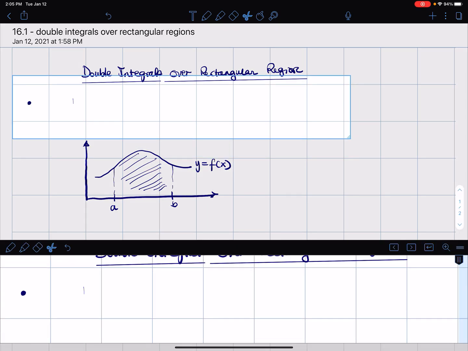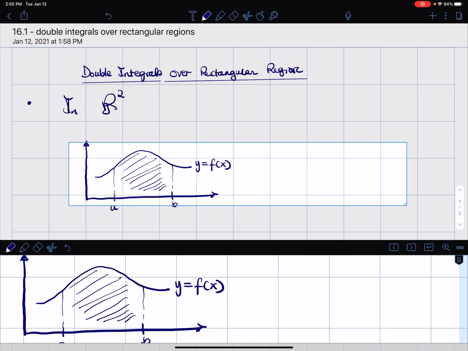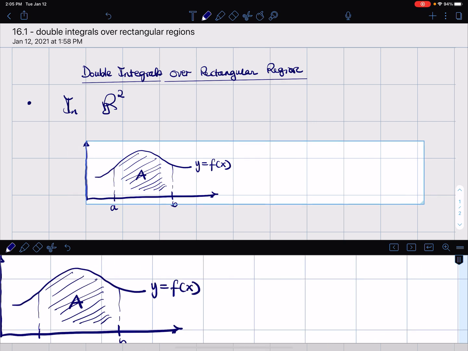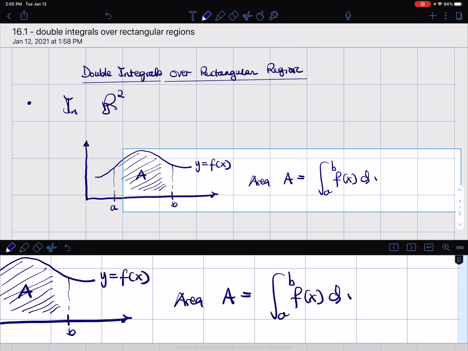So this is in Calc 1. Let's call it R2. So the area, call it A, this area A, is the integral from A to B of f of x dx.